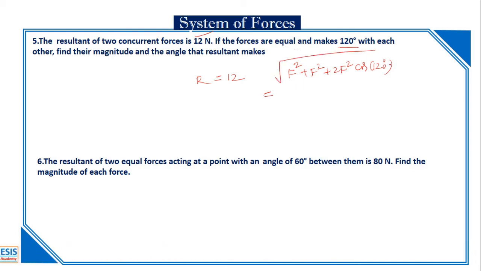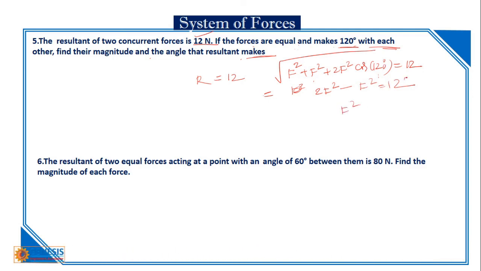The question: if the two forces are equal and make 120 with each other, find the magnitude and the angle the resultant makes. So the resultant is already given. Can you find this one? F square is equal to 2F square minus half F square, that is F square is equal to 12 square and F is equal to 12.